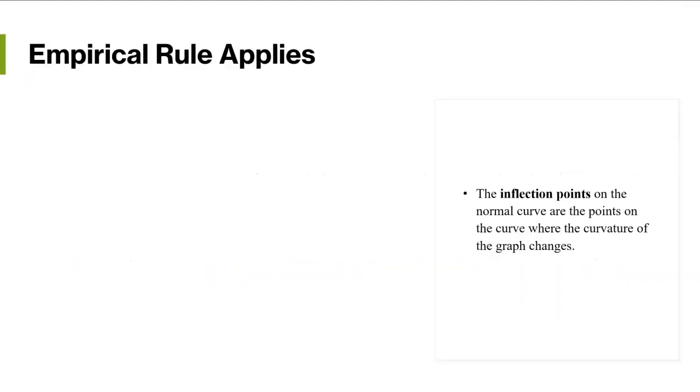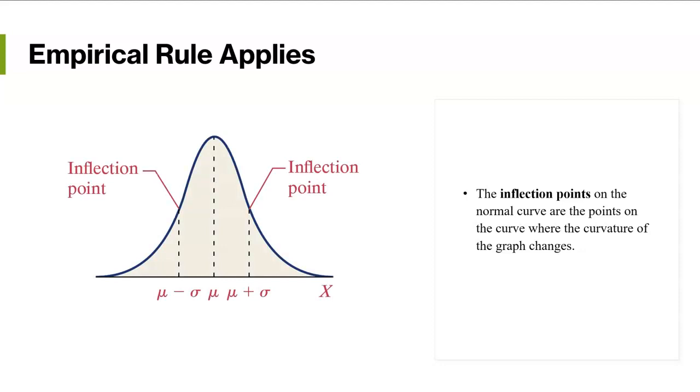Alrighty. Now the empirical rule applies to the normal graph. And remember, the empirical rule said that most of your data is within 3 standard deviations of the mean. Now this image shows us 1 standard deviation from the mean, and those points that are 1 standard deviation from the mean are called your points of inflection.